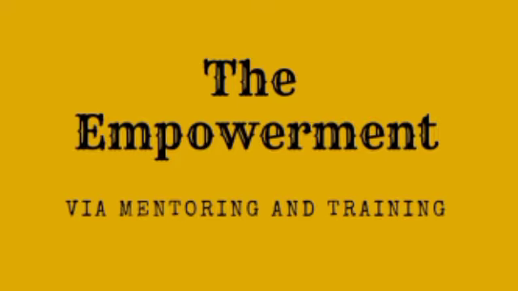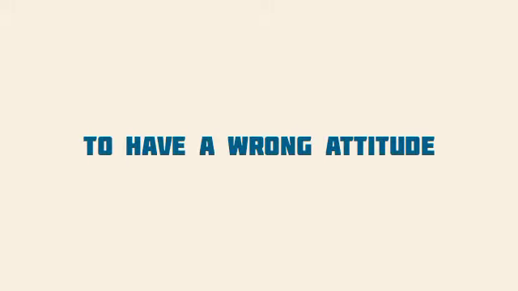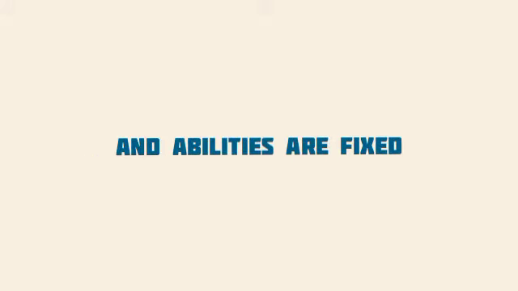I'm so excited. You see, the one barrier to learning that causes many students to have a wrong attitude to learning is what is called the fixed mindset. If a student has a fixed mindset, it means he believes that his qualities and abilities are fixed and can't be improved.